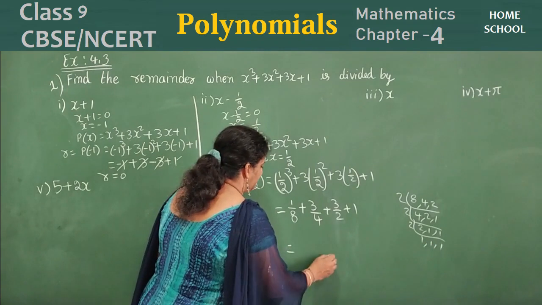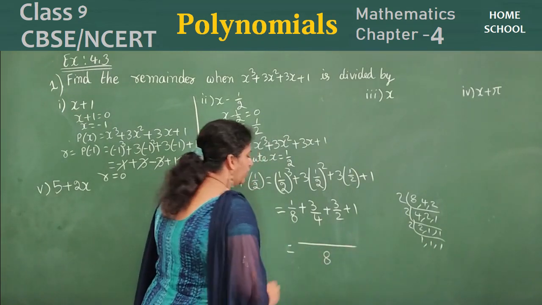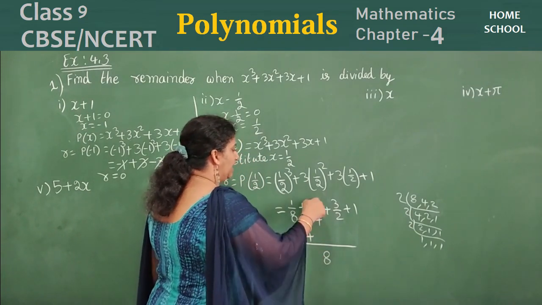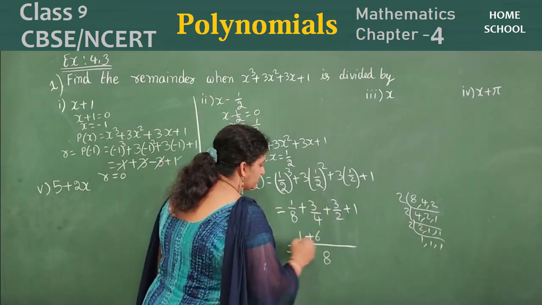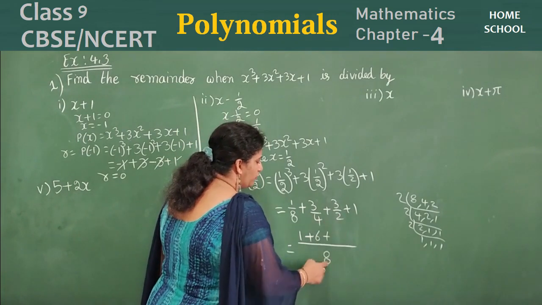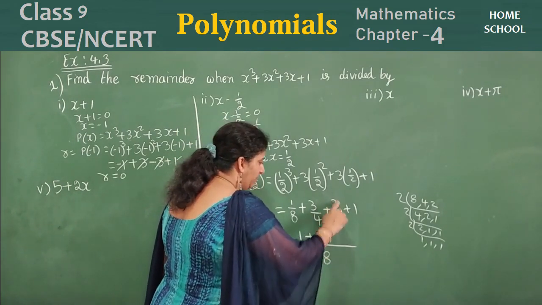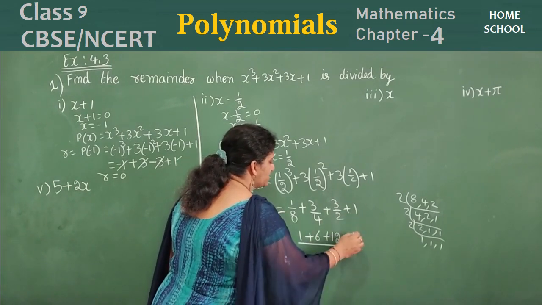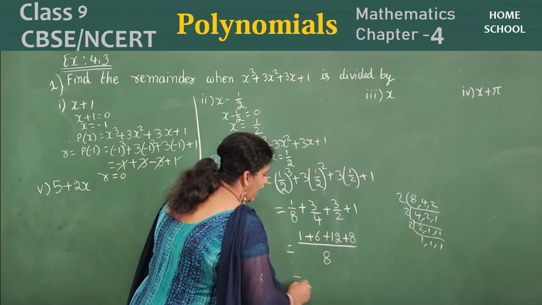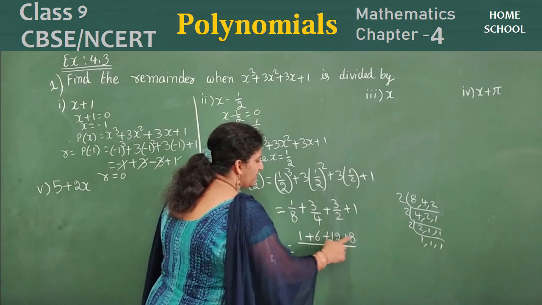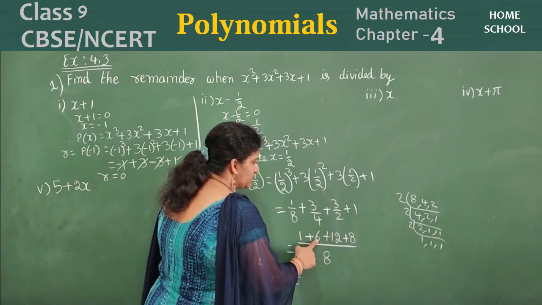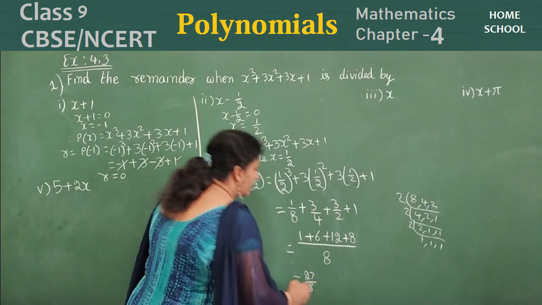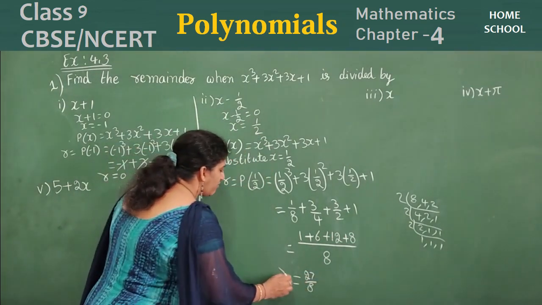That will be 8 in the denominator. 1, then 4 2s are 8, that to multiply up, that will be 3 2s are 6, and again 2 4s are 8, that 4 multiply up, 4 3s are 12, plus 8 1s are 8. Now add all these, children: 12 plus 8, 20, 20 plus 6, 26, 26 plus 1, 27 by 8. What is your remainder here?